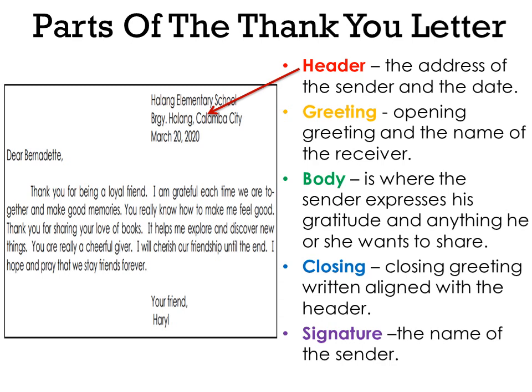We put it in the upper right corner of the paper. First put your address as the sender, and then below that address, put the date when you made the letter.